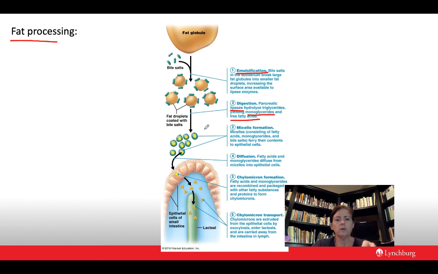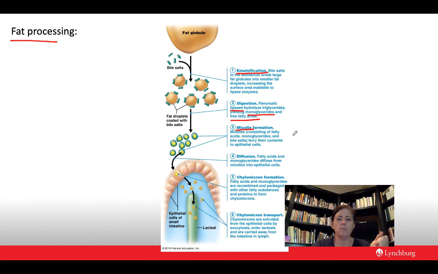Those are going to end up joining and creating what's called a micelle. And so these are basically just tiny little, they're even smaller than the fat droplets. They're just tiny little kind of specks of fat and fatty acids and monoglycerides.